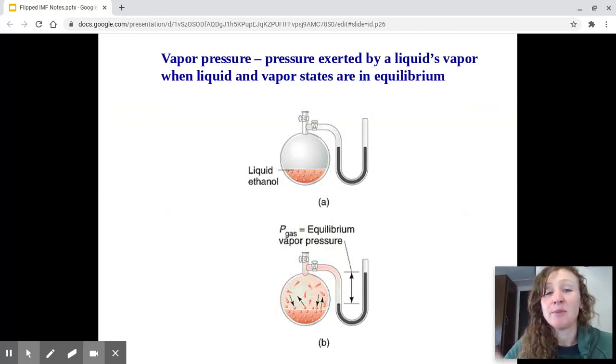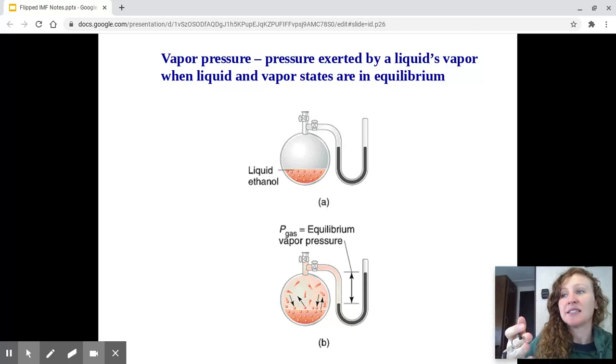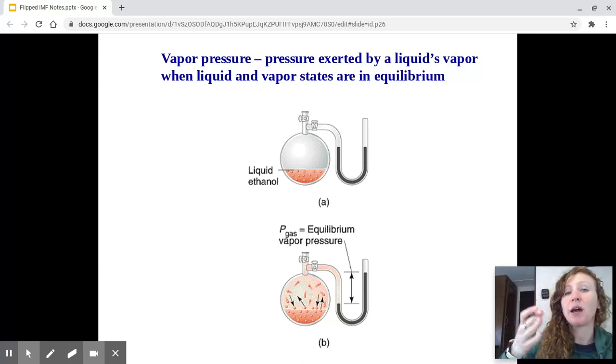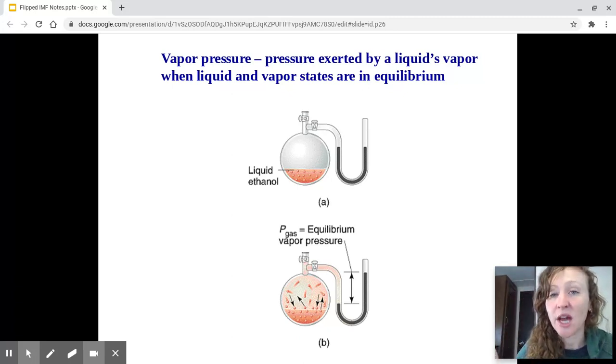This is the same idea communicated through a manometer. So here we're kind of cycling back through our solutions chapter where we talked about colligative properties. We're cycling back through our gases chapter where we talked about barometers and manometers and vapor pressure in gases.